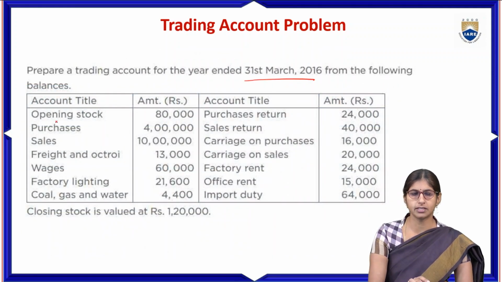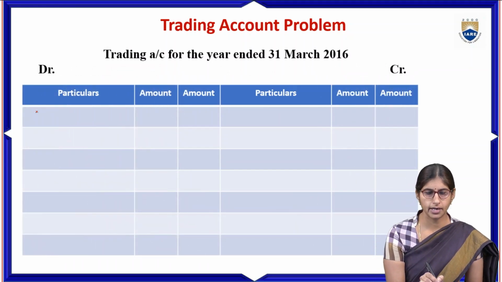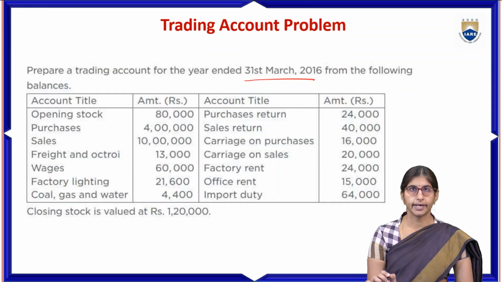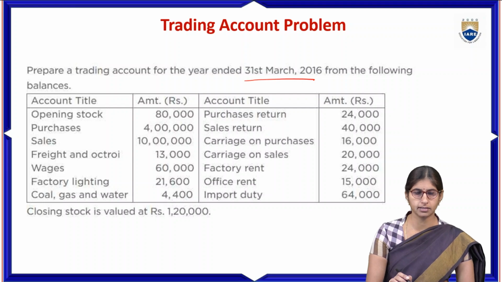Now coming to the first item, it is opening stock, 80,000. So we shall write to opening stock 80,000. Directly we can write it in the outer column. Next, purchases 4 lakhs.